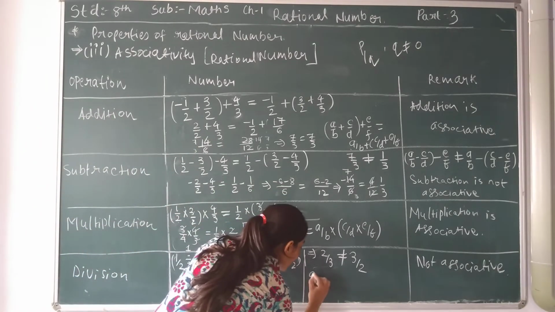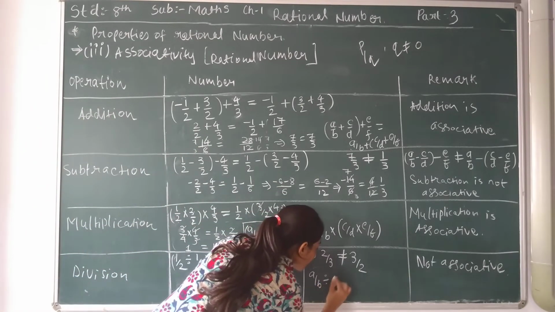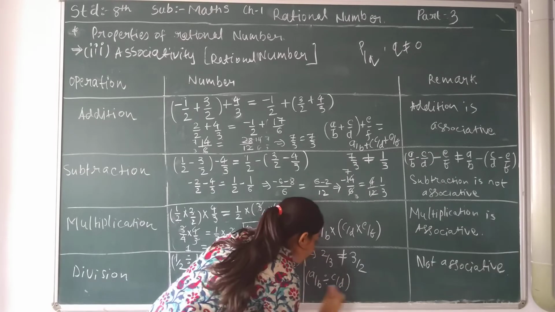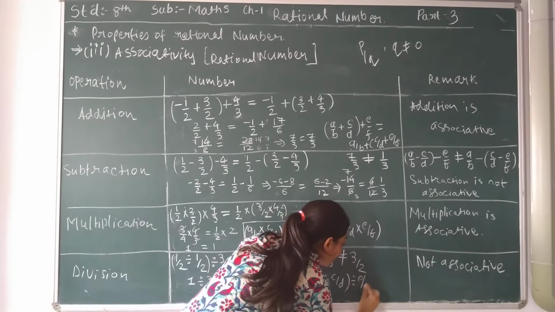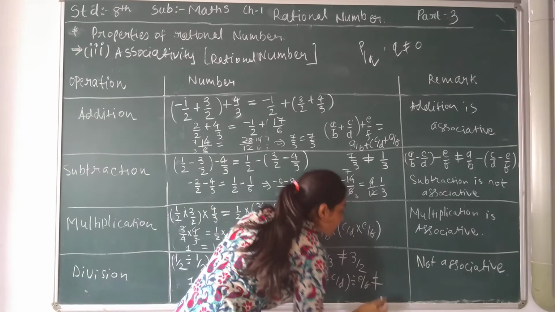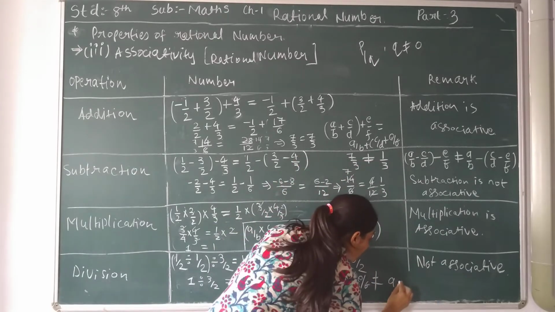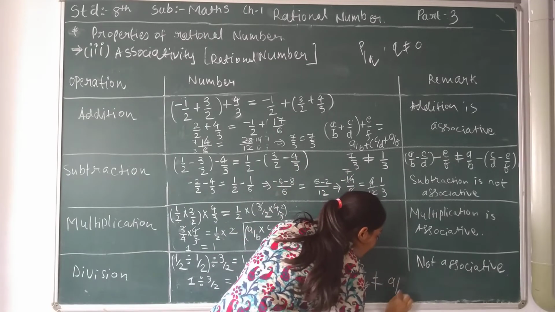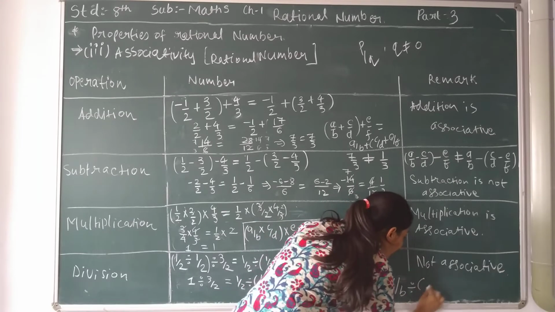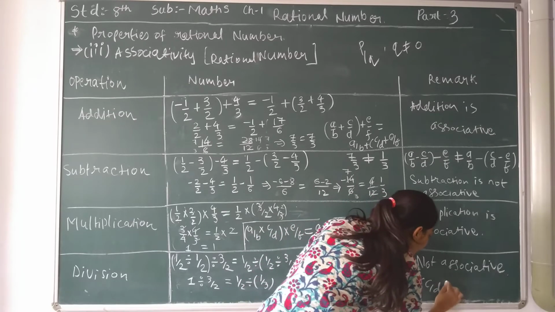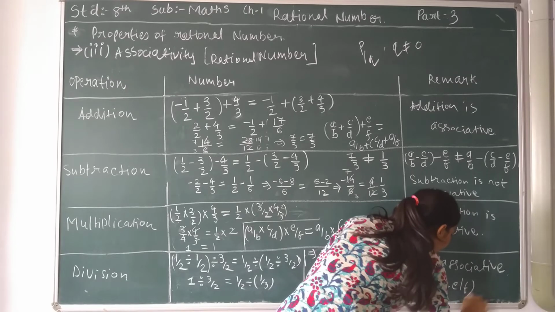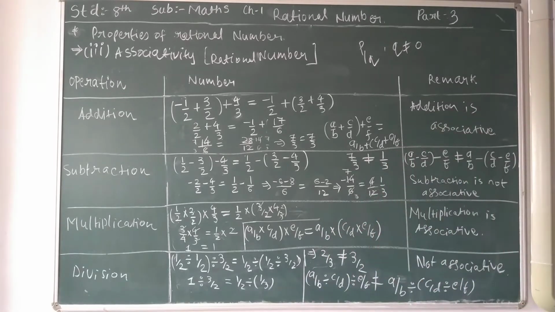If you want to write A divide B, C divide D, E divide F, it does not equal A divide B, C divide D, E divide F. Okay, now pause the video and note it down.